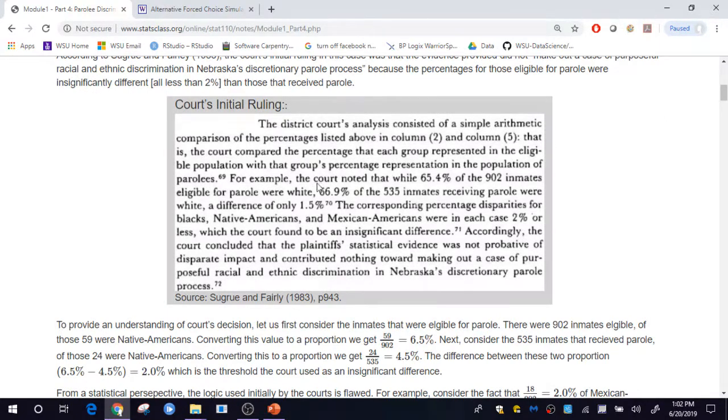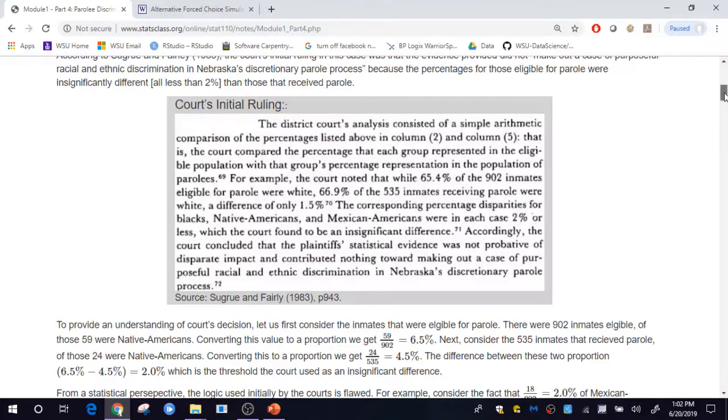So let us consider the initial analysis that was done by the courts. And in particular, I'm going to point out this sentence that was provided in that initial court ruling. So they say, for example, the court noted that 65.4% of the 902 inmates eligible for parole were white.